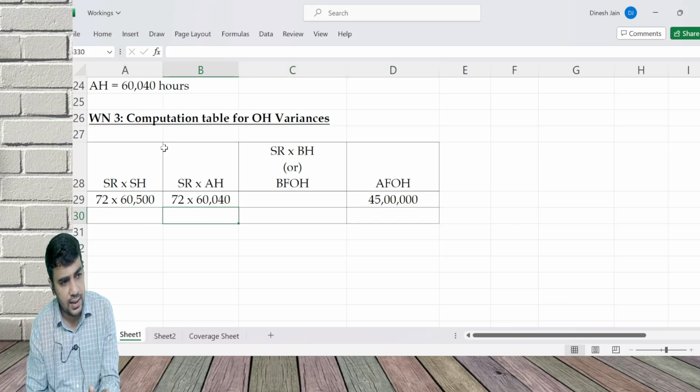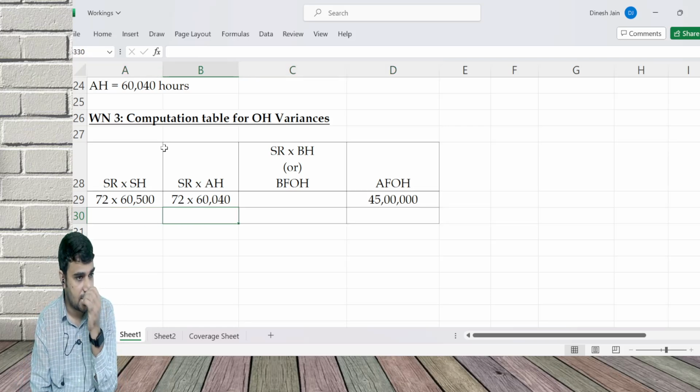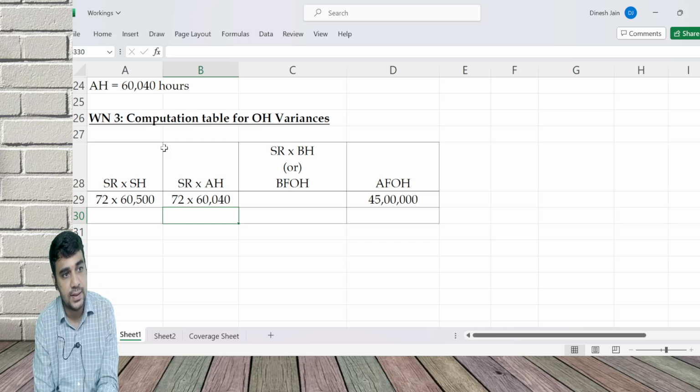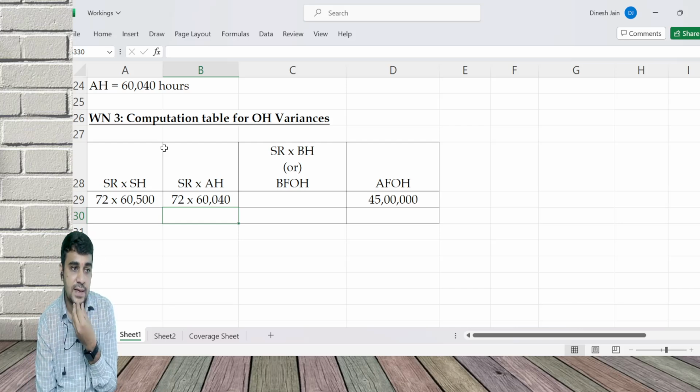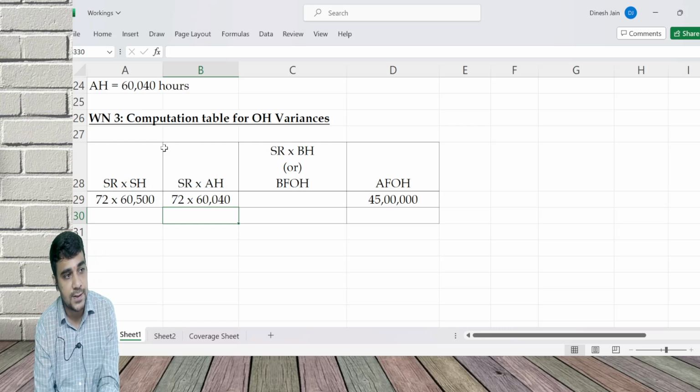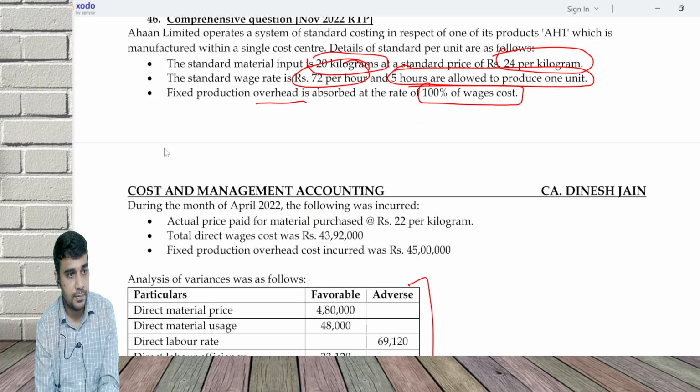Any data there in the question on budgeted fixed overhead or budgeted hours or budgeted units? If not there, we'll see later what to be done. Anything available?